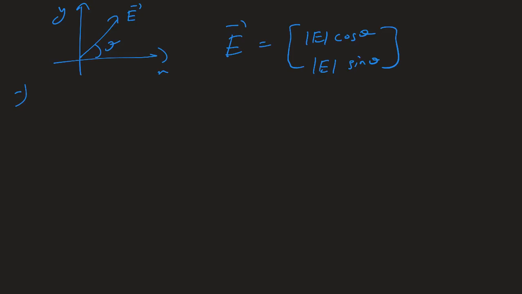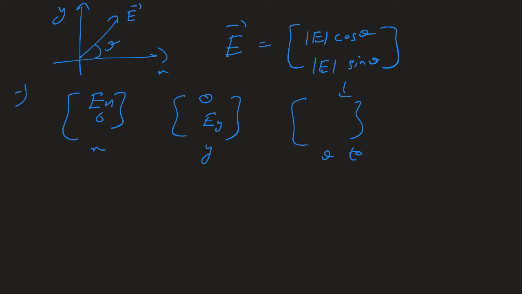To summarize then, in column vector format, Ex 0 would be polarized along x, 0 Ey would be polarized along y, and this thing would be at some angle theta to the x-axis.